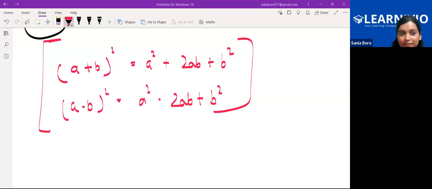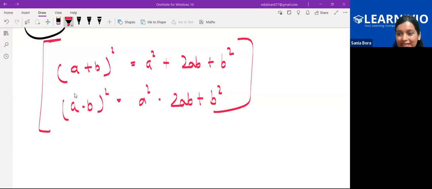Everybody written? I'll wait for 30 seconds, quickly do it. Ma'am, in my school they are teaching linear pair, with this same equation. We will come to that as well, don't worry.